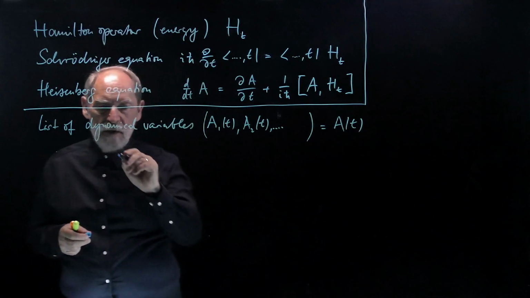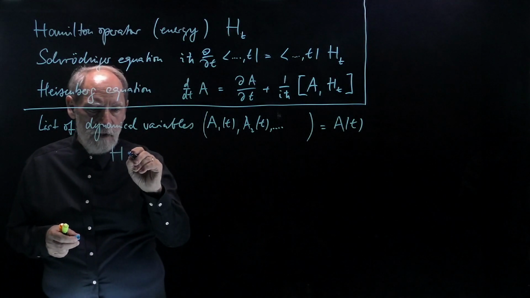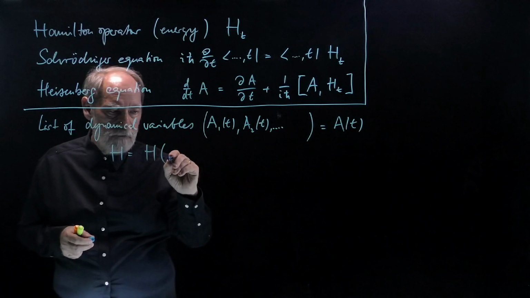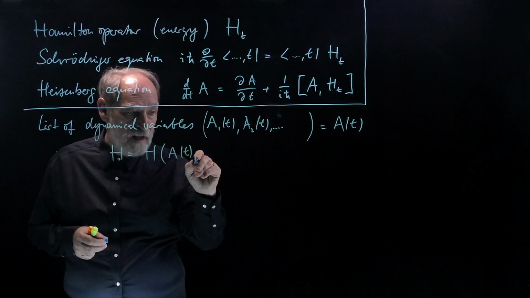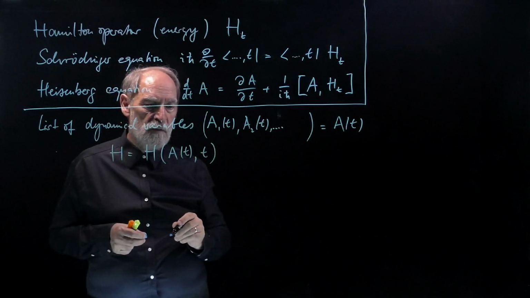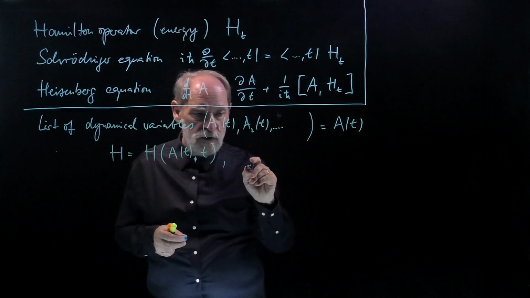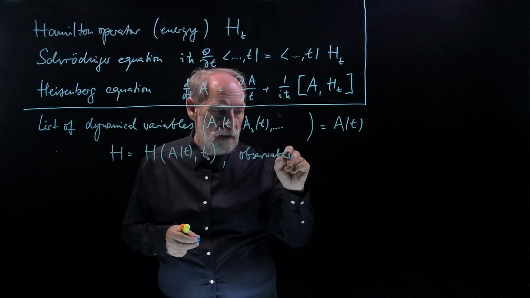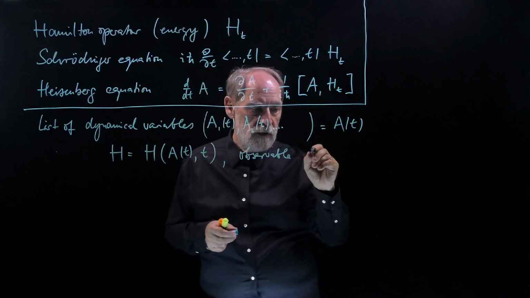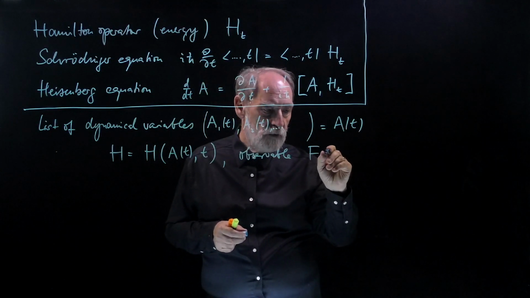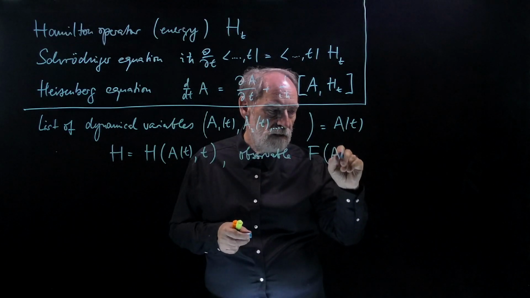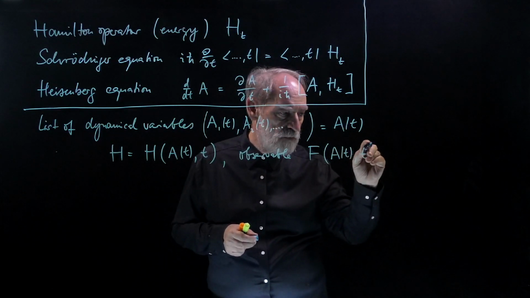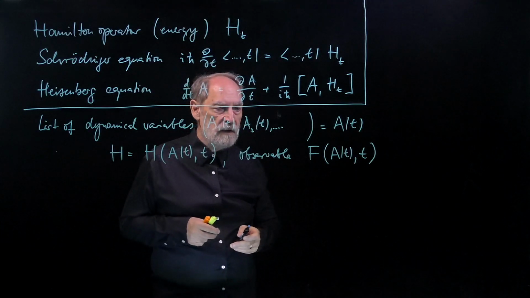And then the Hamilton operator will be a function of these dynamical variables, and perhaps it also has a parametric time dependence. And any observable will be described by an operator, say f, which is a function of the dynamical variables and perhaps has a dynamical time dependence.